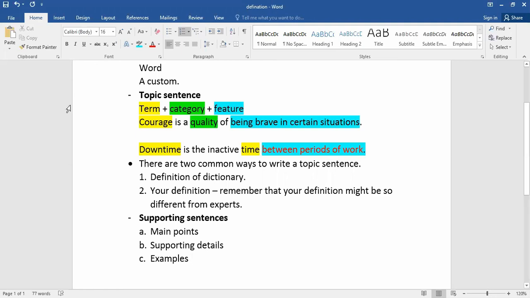So, what is the main point? Or what do you write in the main point? In the main point, you may define a situation, or you may talk about aspects, features. Or you may define it or see it from another angle or other angles.